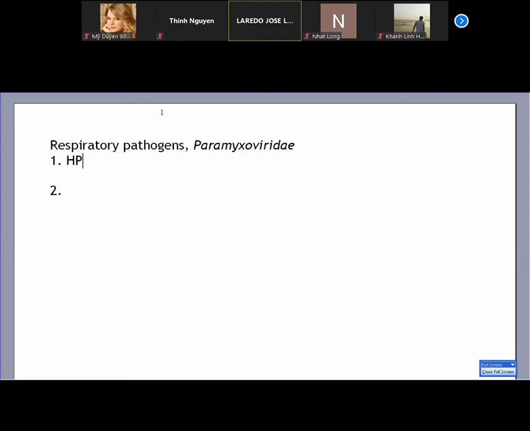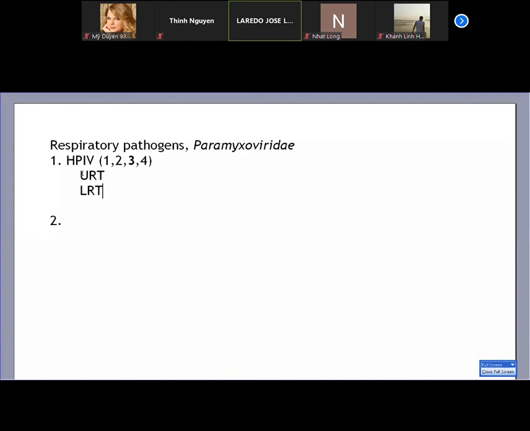Human parainfluenza viruses. We have 4 types. The most common in the world is type 3, and they cause respiratory infections at the upper respiratory tract and the lower respiratory tract.